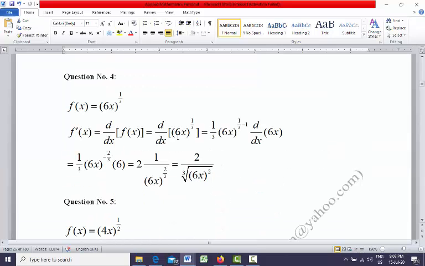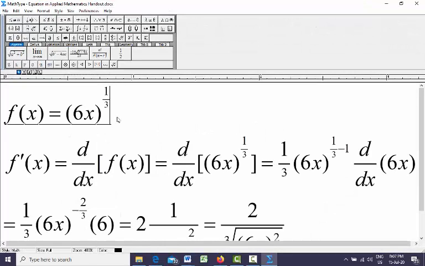Now let us move to the next one. Question number 4. Here you can see we have 6x power 1/3. If you do differentiation, as I said before, there is a bracket here and on top of that there is a power. If you have something like that, you have to process the power first.